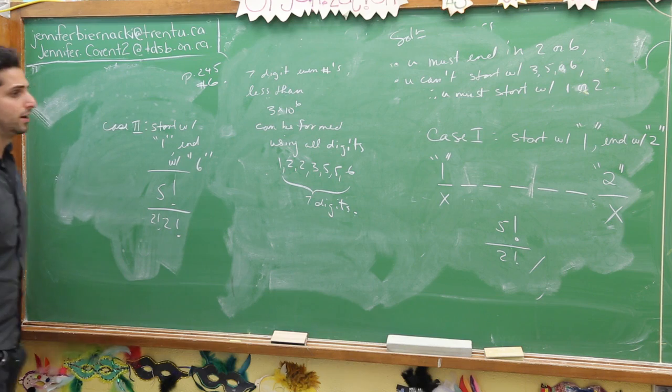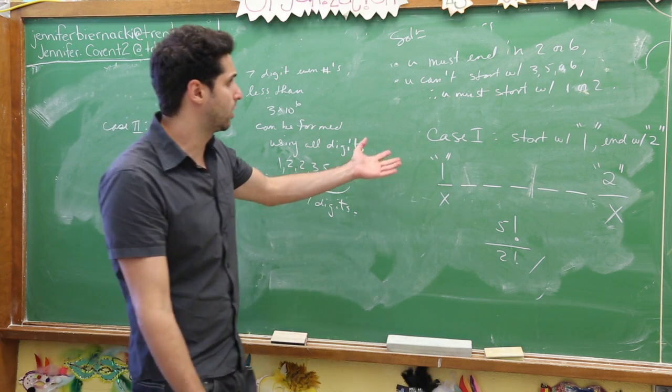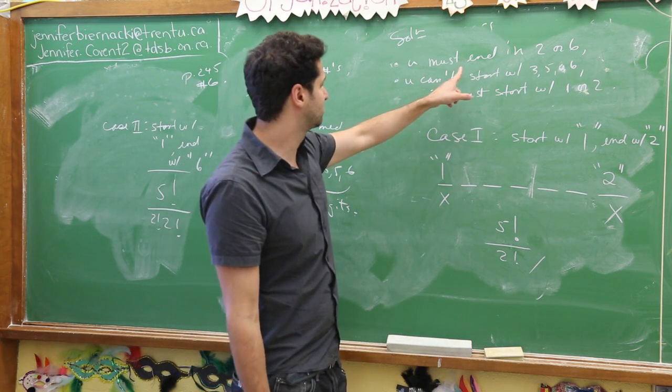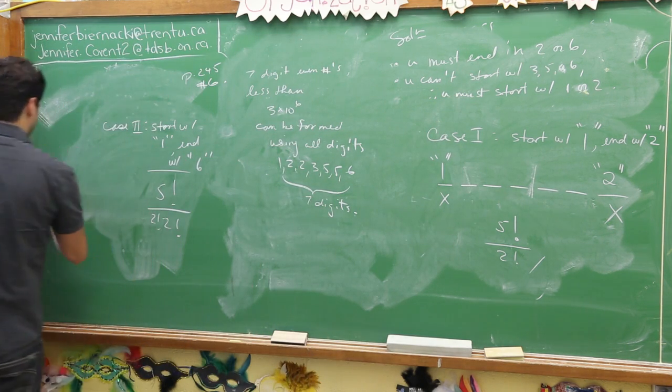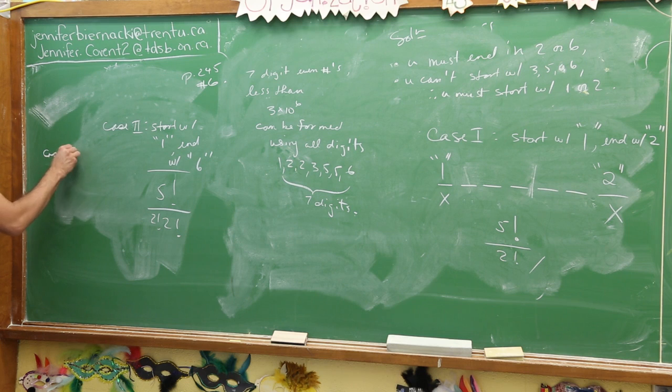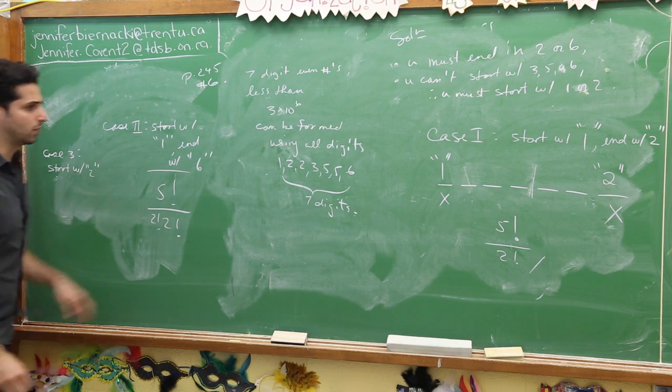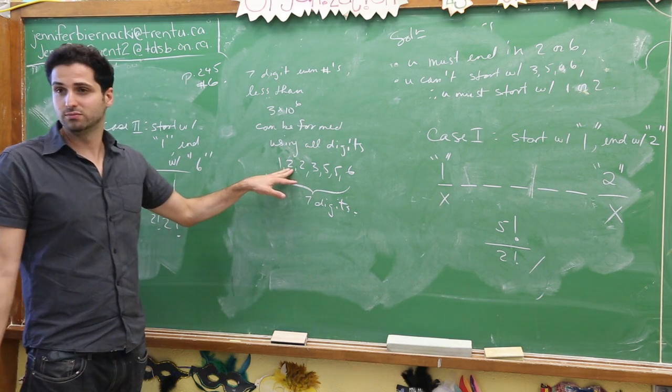Now what's our other option? Start with 1 or 2. So case 3: start with 2. If you start with 2, can you still end with 2? Yeah, you can.